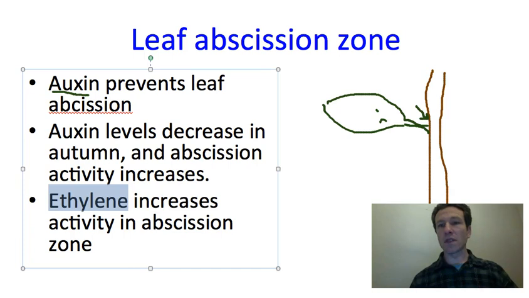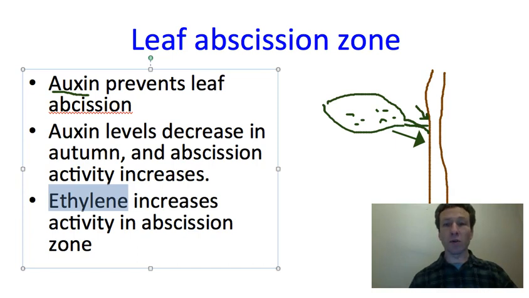And so all of these little spots represent auxin. That means that there's a large supply here. And this auxin will move backwards through the petiole towards the stem, so it's moving in this direction. That means that during the growing season, there will be enough auxin here to prevent abscission from happening.